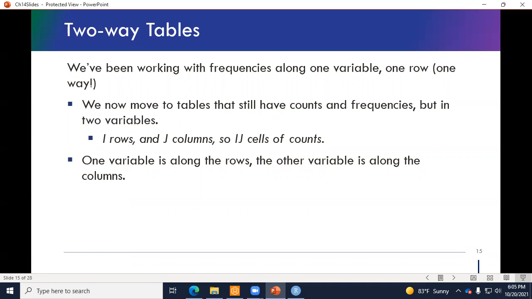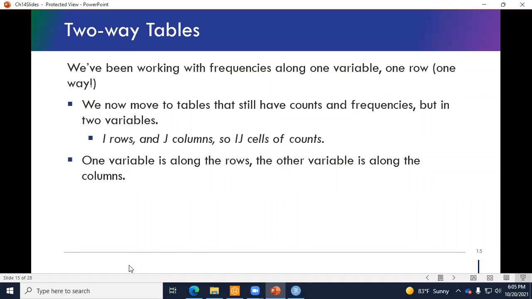We've been working with the frequencies along one variable, or one row. Now let's move to a two-way table, where we have two variables put on a table. That's why we call it a two-way table, with one variable on the rows and another variable on the columns.